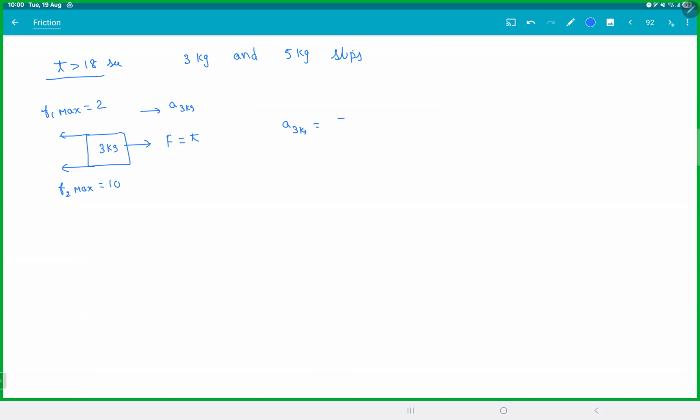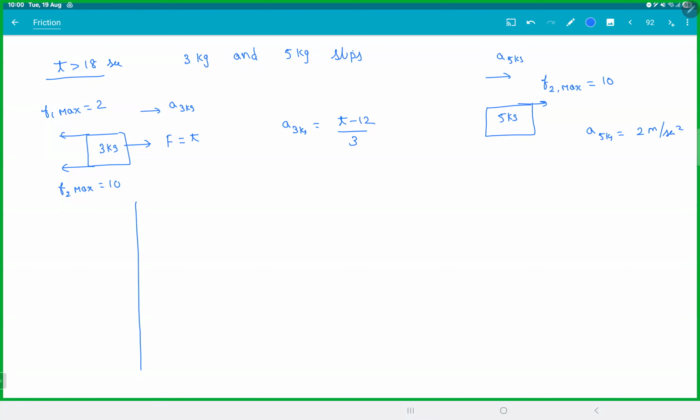So acceleration of the 3 kg will be T minus 12 by 3. For the 5 kg it will be F2 max, this is 10. Acceleration of the 5 kg will be 2 meter per second square.